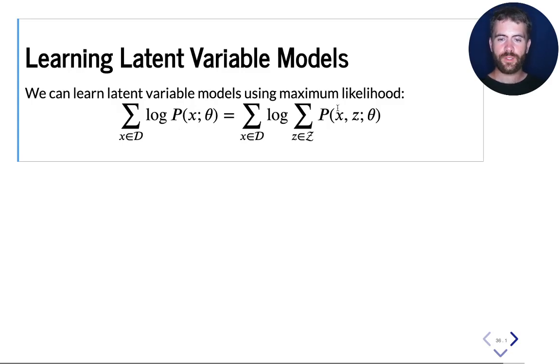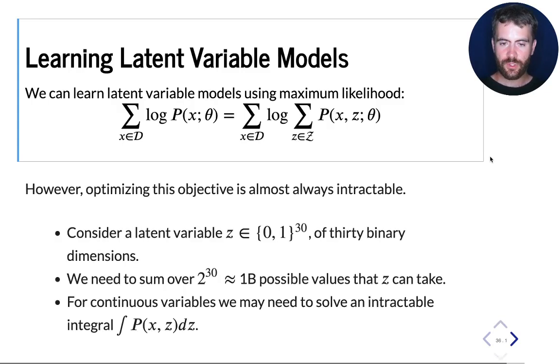However, in order to compute this term, or its gradients, it requires performing this sum over all possible z. And this can be computationally intractable. For example, even if we have only a 30-dimensional variable z where each dimension is either a 0 or a 1, this sum involves 2 to the 30, which is about 1 billion possible values.